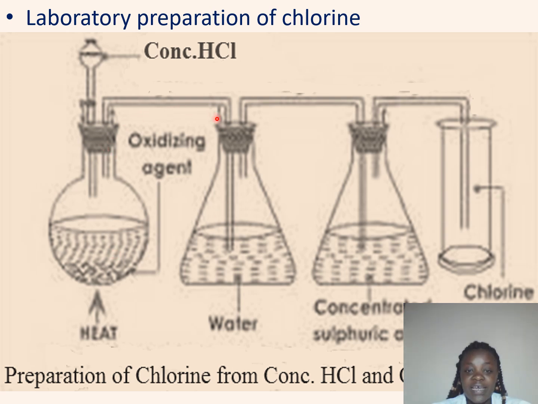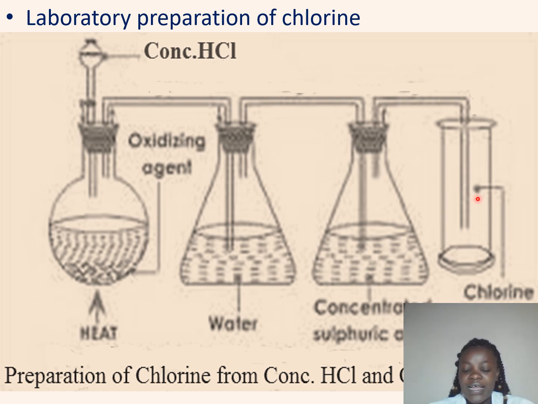Producing a gas, this delivery tube will carry the gas being produced through a conical flask containing water. Again, the gas moves to another conical flask containing concentrated sulfuric acid.